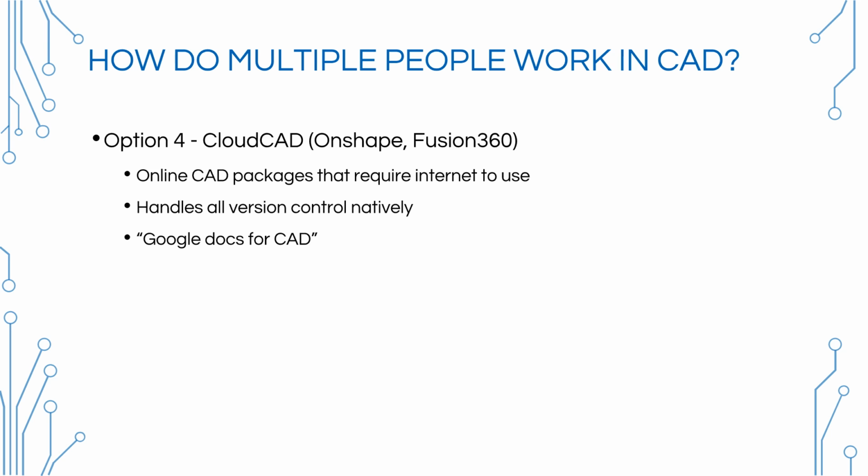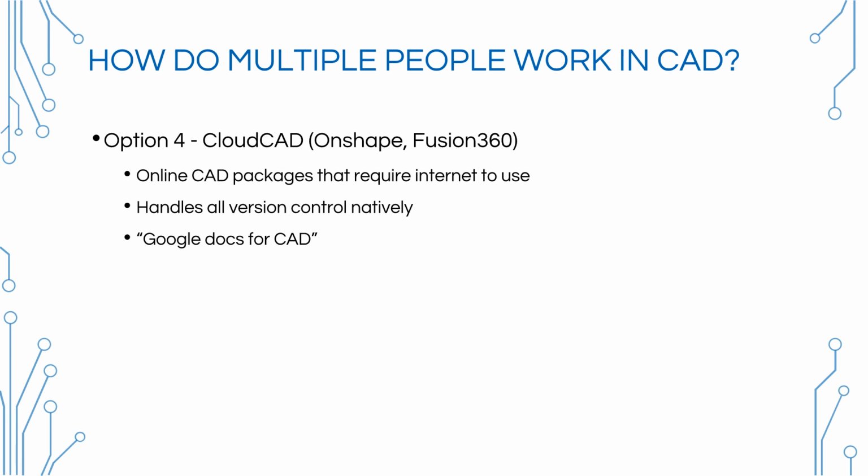Oh, right. Got it. Option number 4 is CloudCAD. It's 2017. Things go in the cloud now, and that is true for CAD as well. So we have OnShape and Autodesk Fusion 360. Both of these programs run almost entirely in the cloud. Fusion 360 actually requires you to download an application, but all of the data is stored in the cloud.